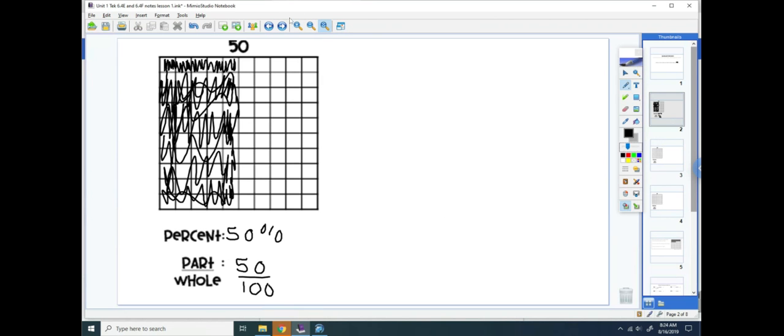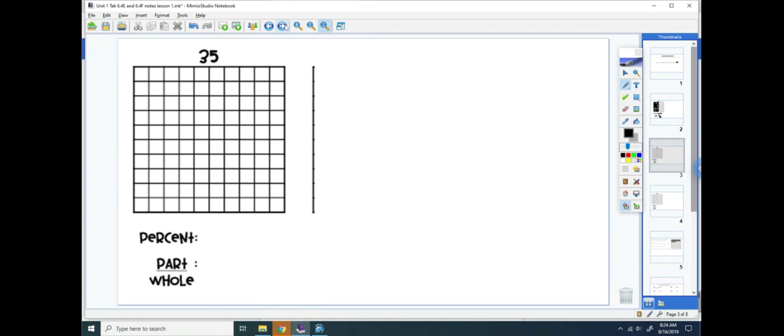Let's try another one: 35. So this is going to be 35%, which means 35 out of 100 blocks, so 35 blocks are going to be shaded. I'm going to go up here and count 1, 2, 3, and so I'm going to shade in 30.